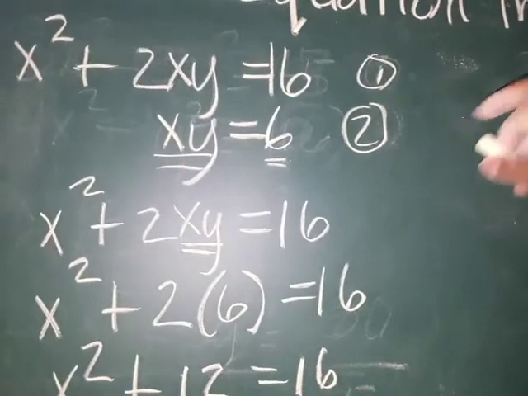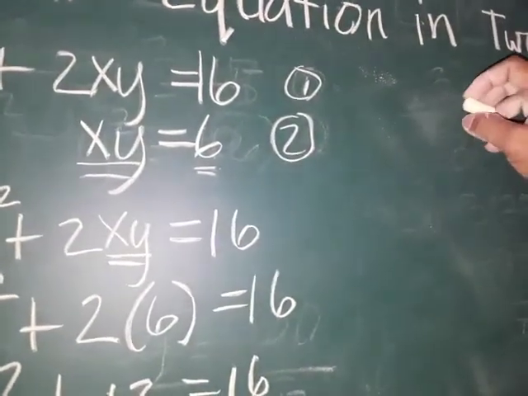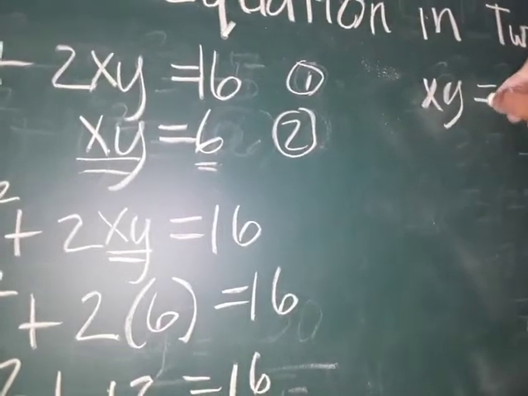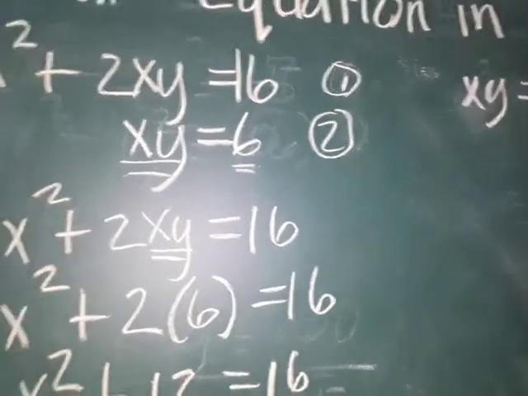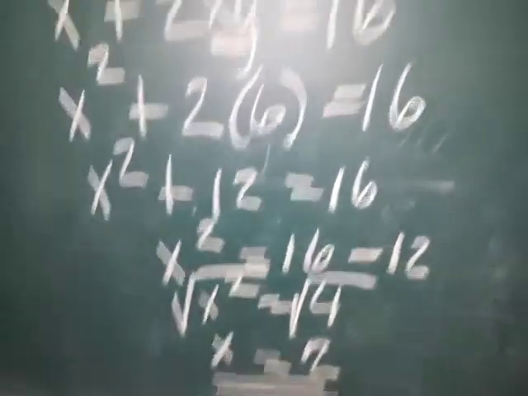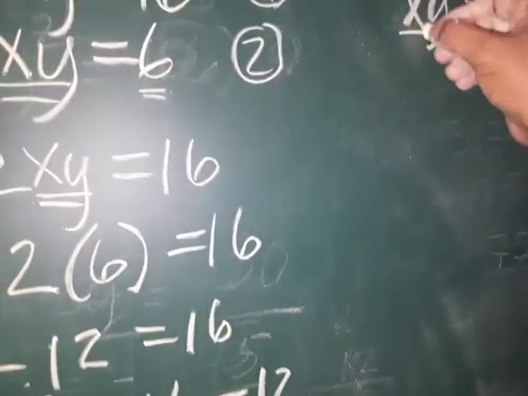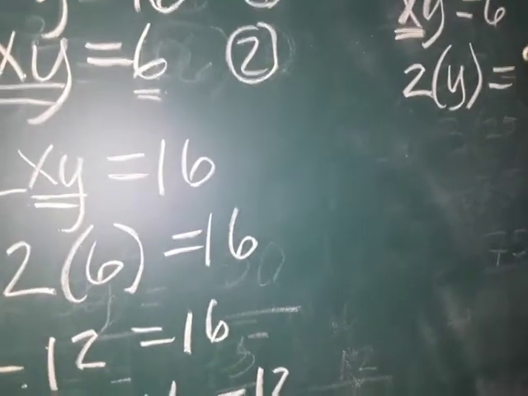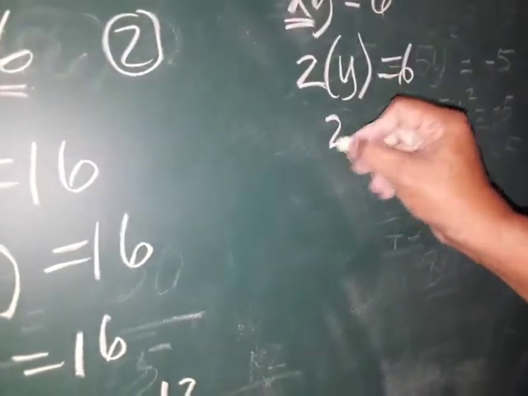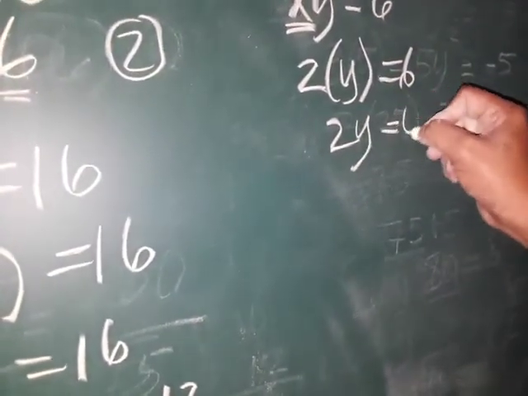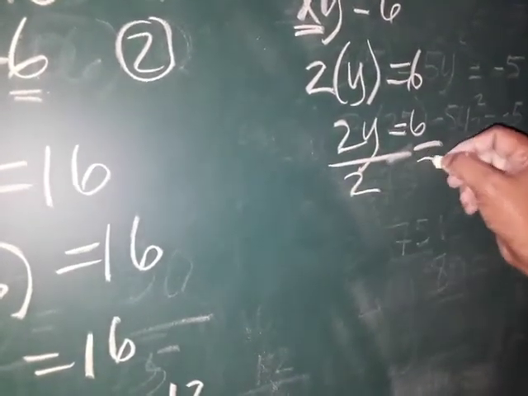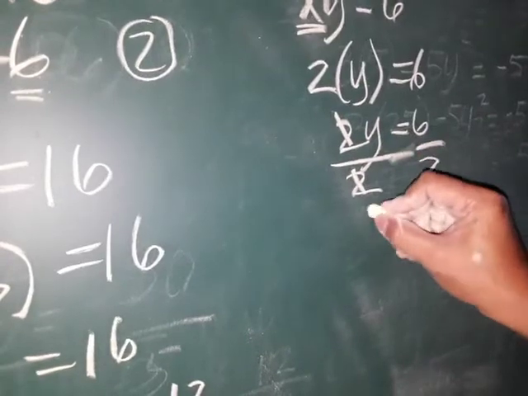I mean, equation 1 and equation 2. So, let's try. Okay, so xy is equal to 6. So, our x is 2. So, x, change it with 2. 2y is equal to 6 divided by 2 and 2 cancel.